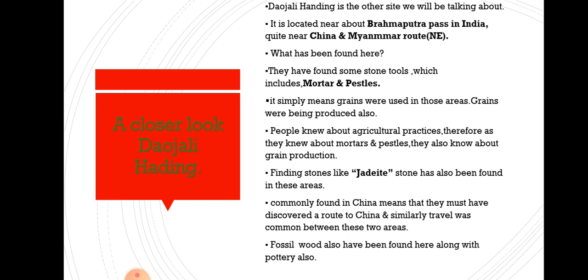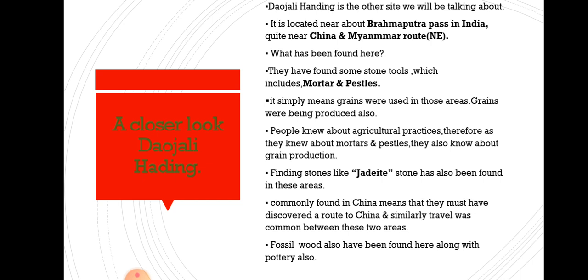into powder. So it simply means grains were used in those areas. That's why mortars and pestles have been found at the sites of Daojali Hading. It proves that people knew agriculture. That's why grain has been found there, and that's why tools such as mortars and pestles have been found.